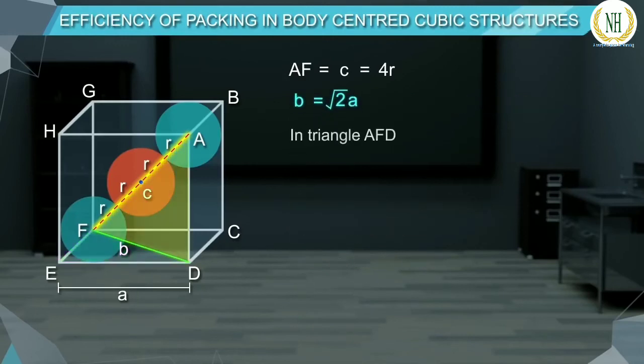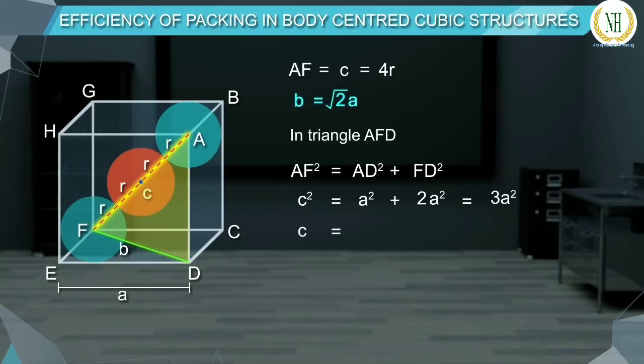Now, in triangle AFD, AF² is equal to AD² plus FD². c² is equal to a² plus b², which is a² plus 2a², which is equal to 3a². c is equal to √3 a.